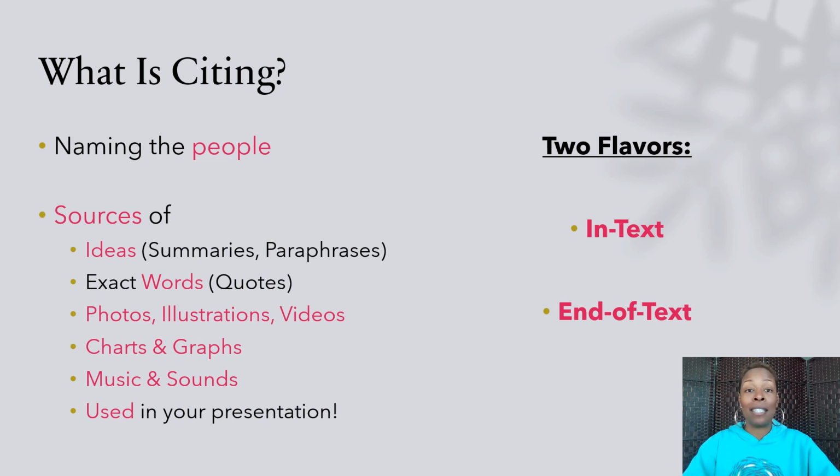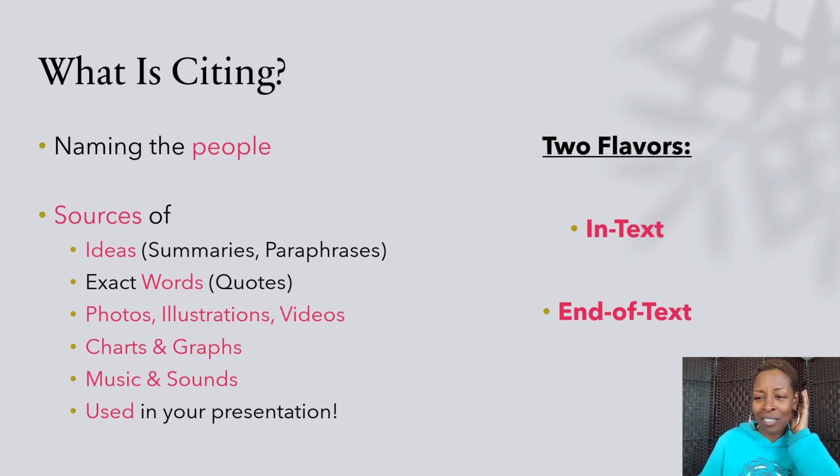The in-text citation is in the body paragraphs of your essay where you have a quote and you say, okay, this is the page of the book that the quote came from. Or in the body of your essay, you had a summary of something you read and you said, oh, here's the article that summary came from and the name of the person who wrote it. That's the in-text part. The same thing needs to happen in a video.